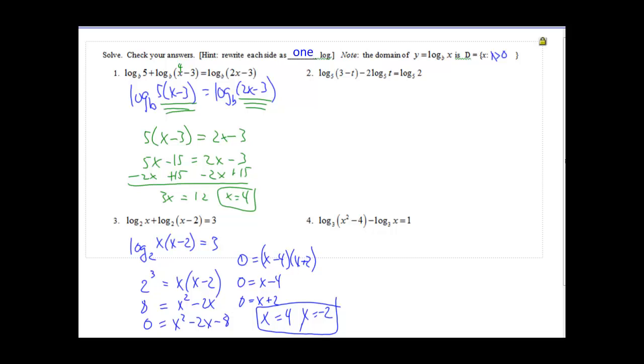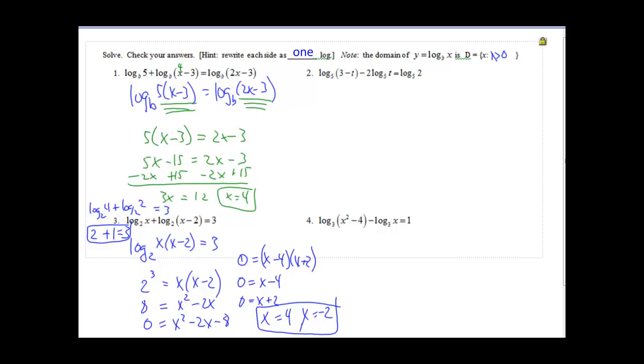Remember though, when we plug these back in, we can't get any negative answers. So if we plug in 4, you get log base 2 of 4 plus log base 2 of 2 equals 3. 2 to the second equals 4, so this is 2. Log base 2 of 2 is 1. 2 plus 1 is 3.